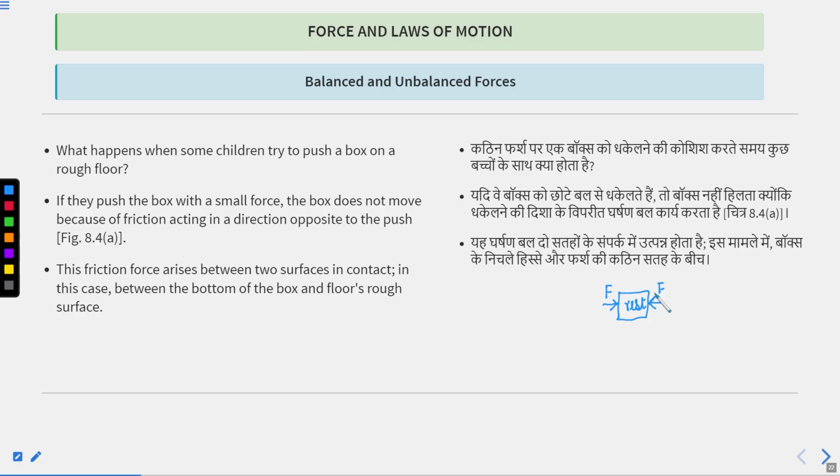This object is not changing its state. I have applied two opposite and equal forces, and the object is still in rest state. So those forces which are applied on an object in an equal and opposite direction in such a way that the state of that object does not change, that force is known as balanced force.